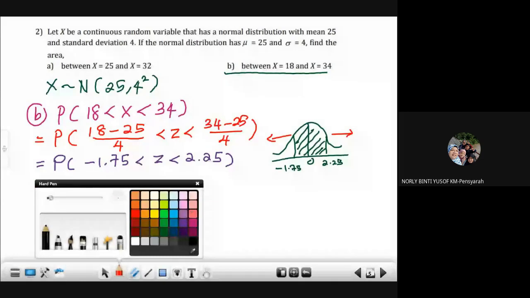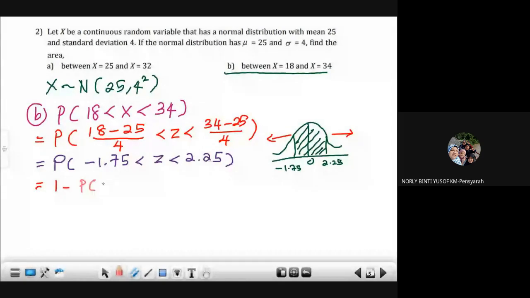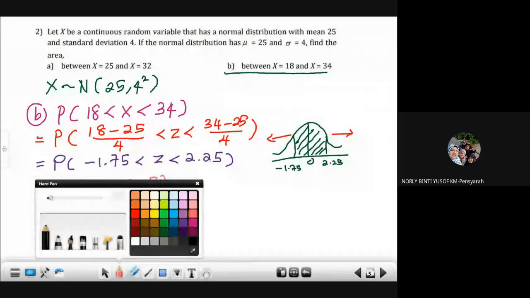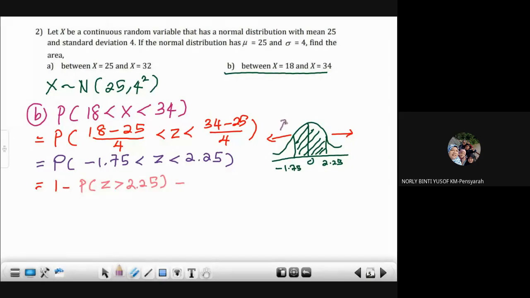So directly: 1 minus P(Z greater than 2.25) minus the area for Z lesser than negative 1.75, which is the same as Z greater than 1.75. I write it so that you understand, but eventually you will know the symmetrical area.